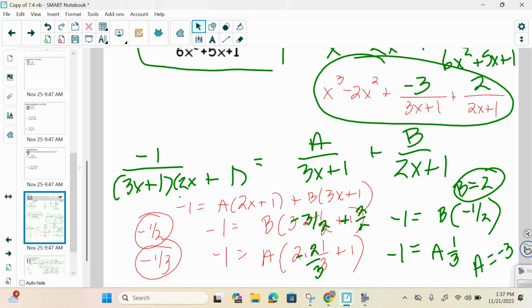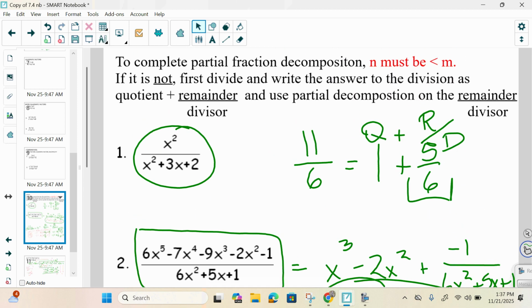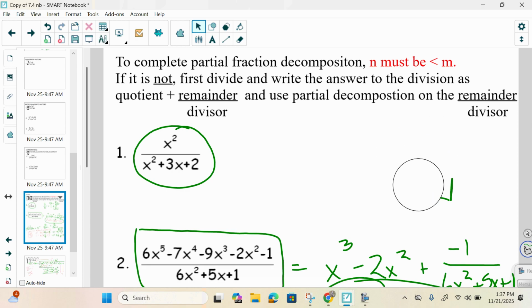So I did the harder one on those. You guys do number 1. It's n equal to n, so you're going to divide.